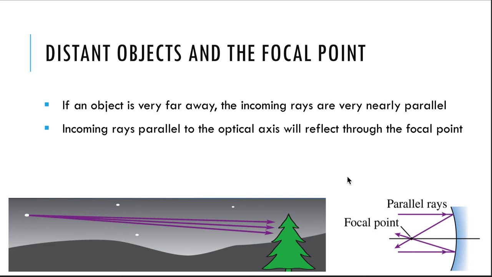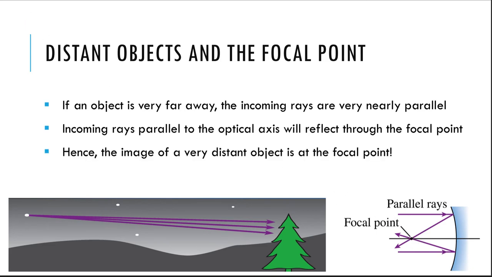So put 1 and 1 together here, and what this means is that if you have an object very, very far away, so ignore this picture for a second. This picture was just to show you that rays are basically parallel. If you have an object very far away, let's pretend that this tree here is now your object, not this star.